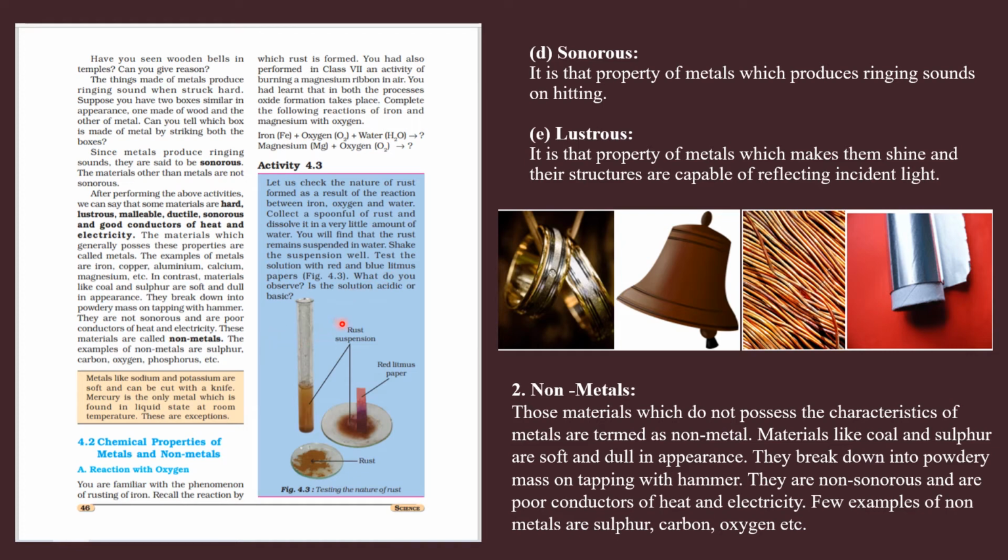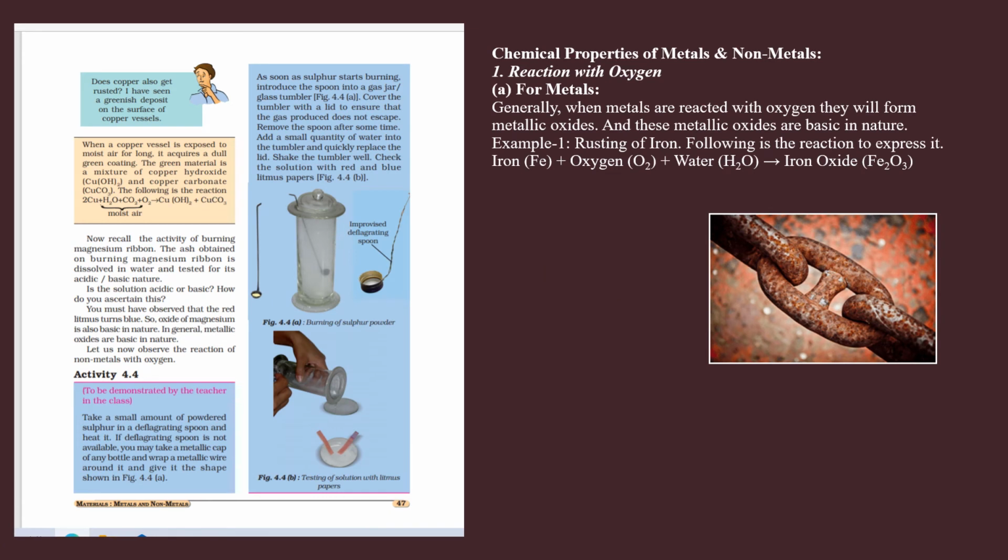Now we can test it with red and blue litmus paper, so that we can easily find out the nature of the rust. The oxides of metals are basic in nature.